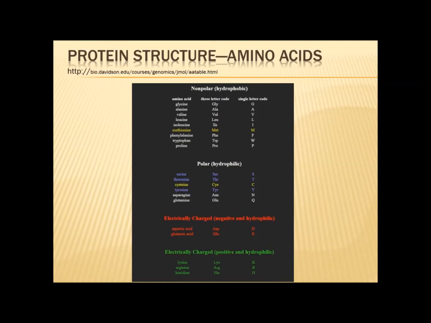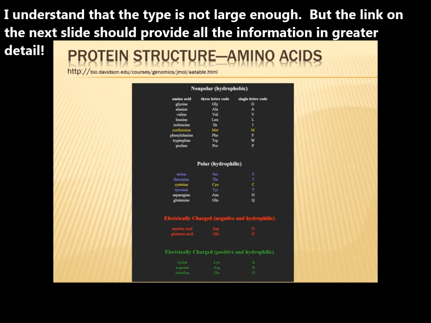Okay, now let's get to protein structure. So in proteins, let's look at what proteins are constituted of: we have the 20 typical amino acids. It's not easy to remember some of these amino acids in terms of their structure, but you do have an overall view of some basic aspects of it.